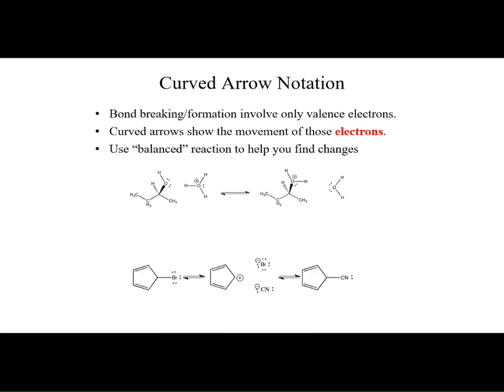Those reactions will be balanced to help you see where the pieces are changing and how things are shifting around. For sure, the smart work is designed to help you focus in on what electrons are moving and where they're going.